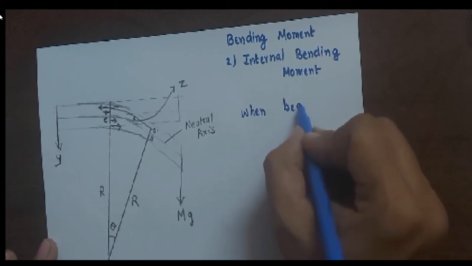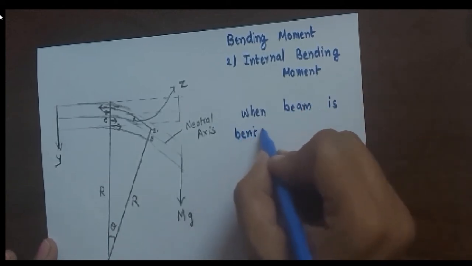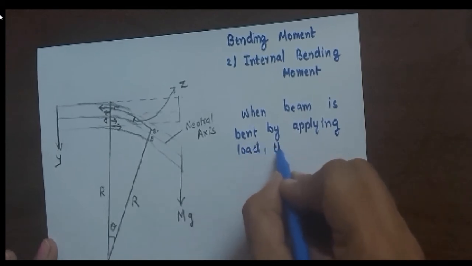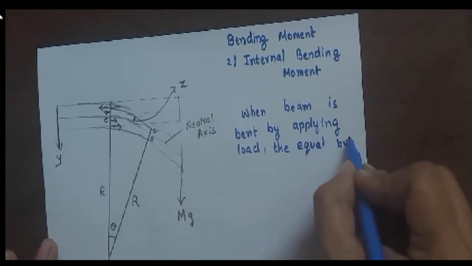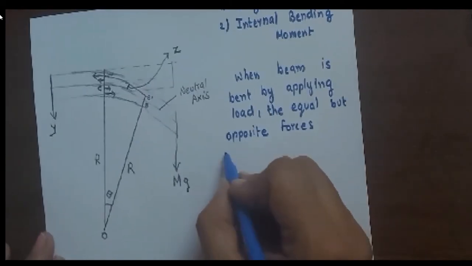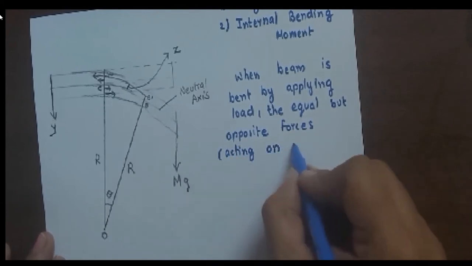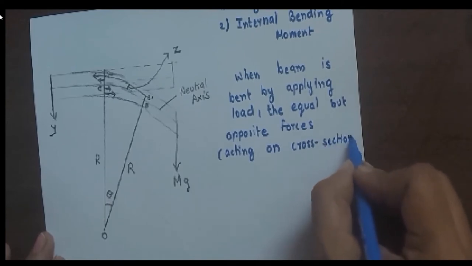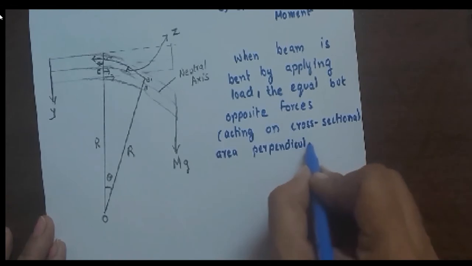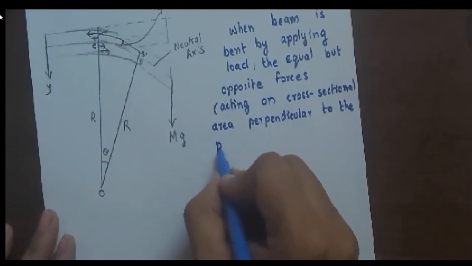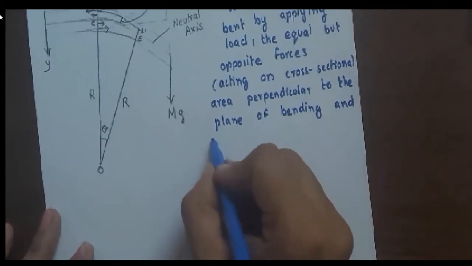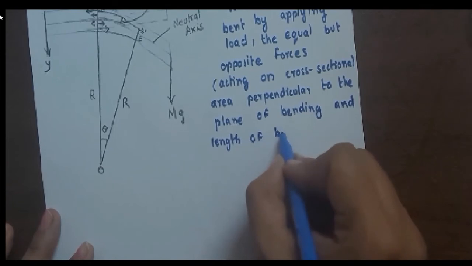Now, when the beam is bent by applying load, equal but opposite forces act on the cross-sectional area perpendicular to the plane of bending and length of the beam.